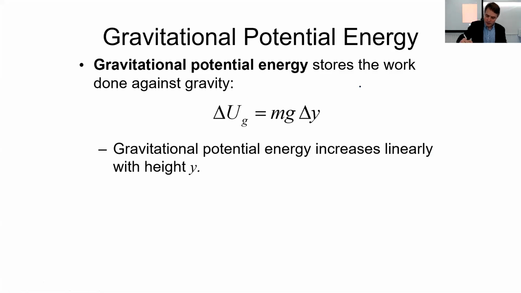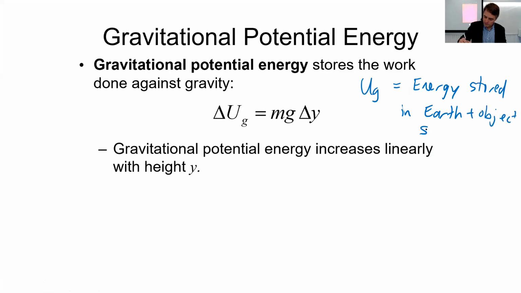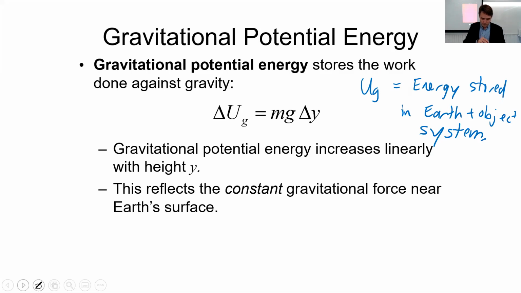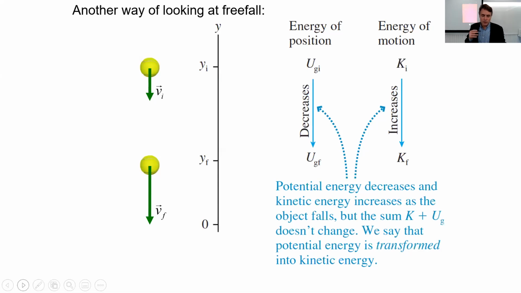So U sub G is the energy stored in the Earth-object system. Keenan is pretty careful to point out that the reason you have that potential energy is because you're near the Earth and the Earth has this force of gravity on you, and it's approximately constant.